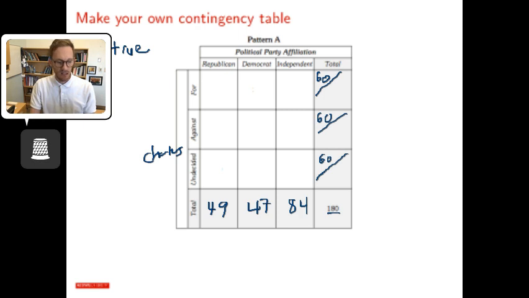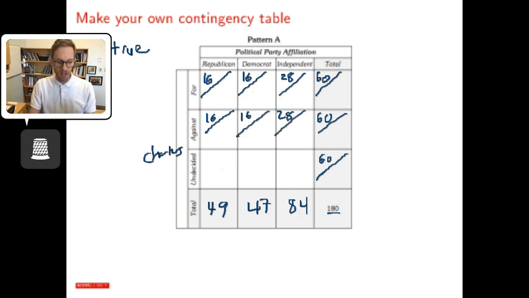Taking these and splitting them based on the percentages, we would have 16 Republicans that were for it, roughly 16 Democrats that were for it, and 28 independents. We'd have the same pattern against: 16, 16, and 28.